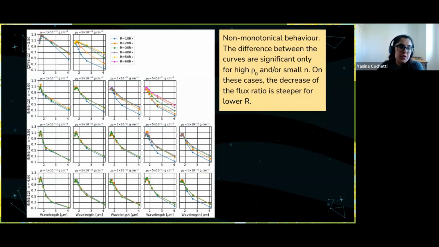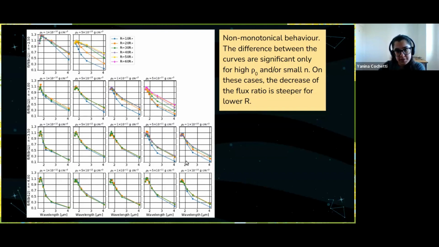If we see here, this is the diagram with the flux over the flux in Brackett 12, and it's again one line for one n value, for 3.5, 3, and 2.5, and one column for each density. And you can see here also that the differences between different radii are more significant only if we are observing disks with higher density values, or with smaller n values, like here.